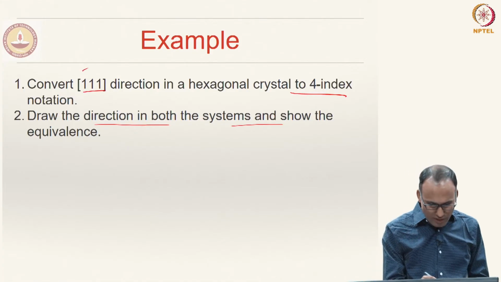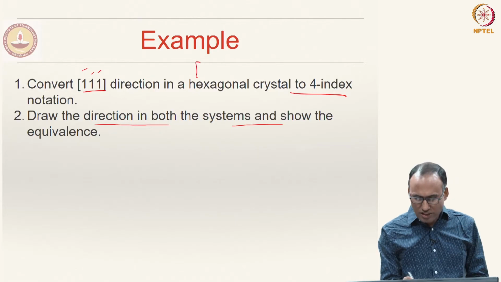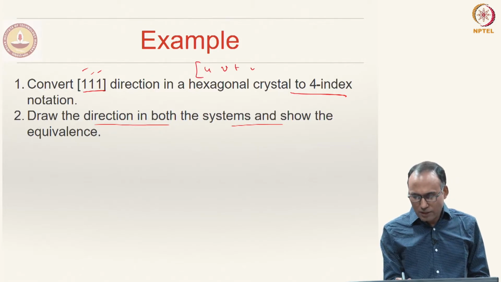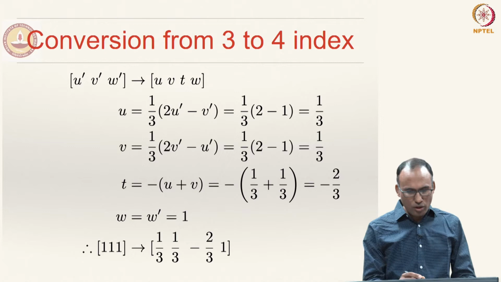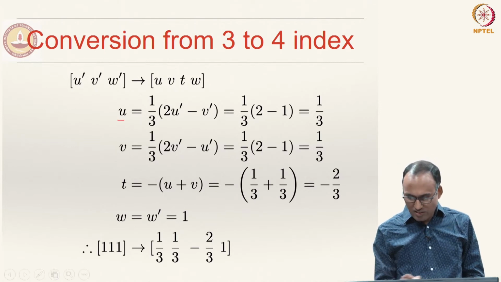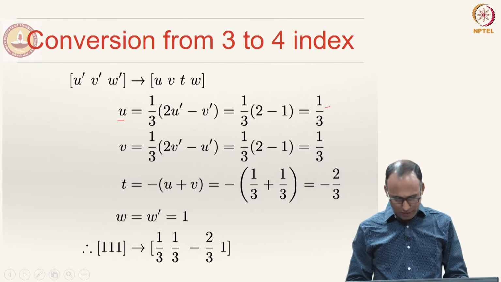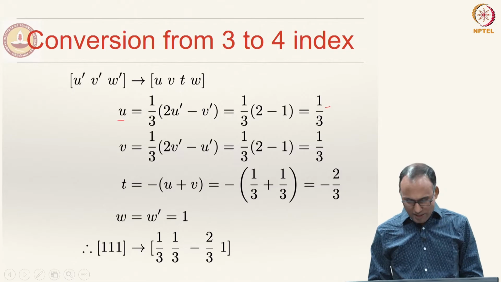So, this is u' v' w', and you have to convert it into u v t w, right. The transformation from u' to u is given by this formula. So, it will become 1/3, 1/3, −2/3 and 1.